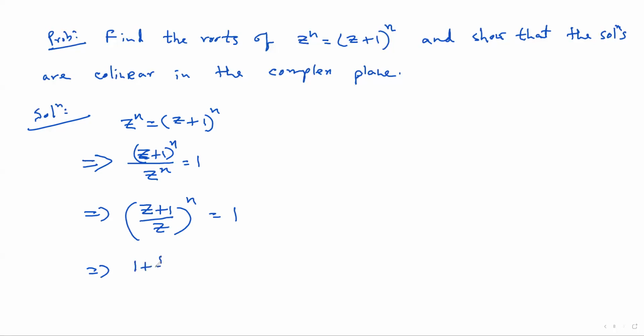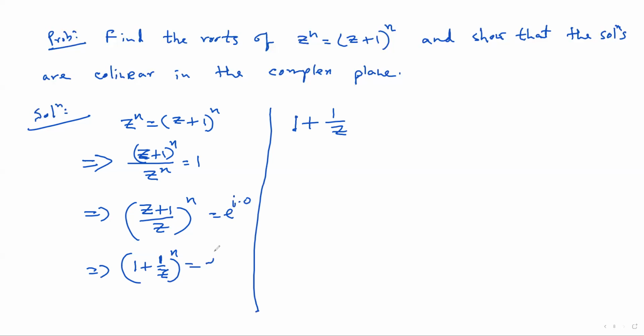So this is just 1 plus 1 over z whole to the power n equal to 1, which means 1 plus 1 over z. You can just rewrite this 1 on the right-hand side as e to the power i into 0.